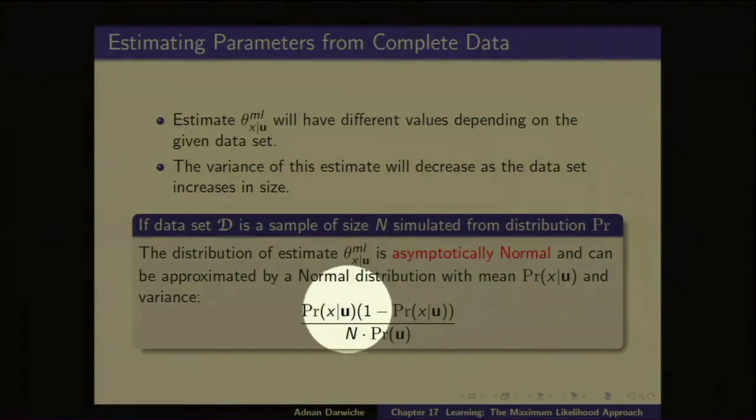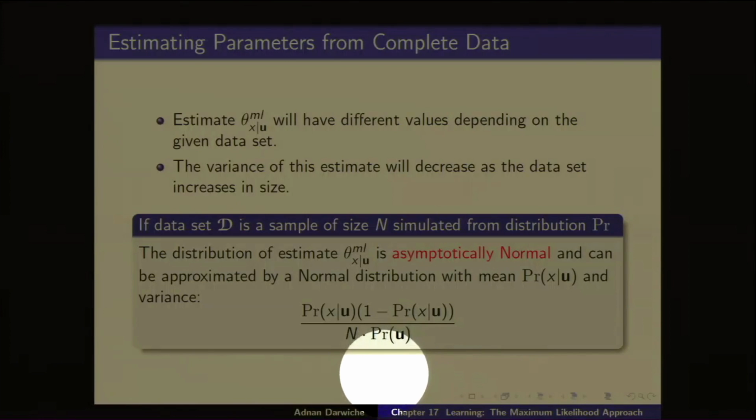The reason I'm showing you this is I want you to see this particular situation here. One is what you would expect. What happens to the variance as the size of the data set increases? It becomes smaller, right? So your estimates become more stable and closer to each other. So you clearly want a bigger data set. That makes sense. But look at this guy. What is this? This is the probability of the parents.